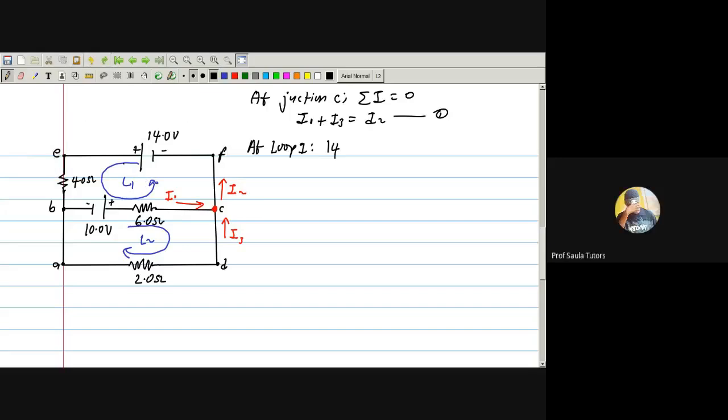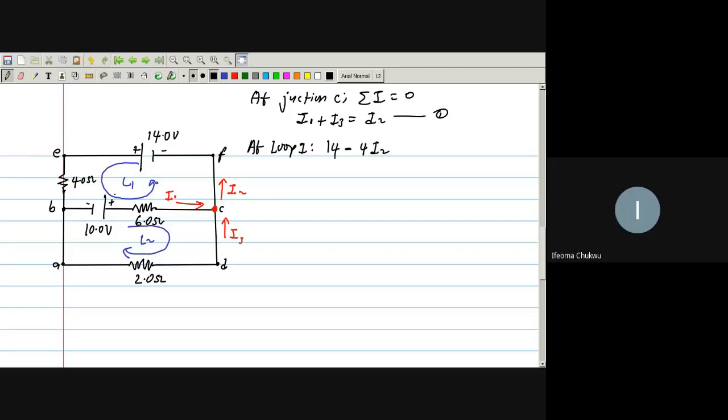So if you look at the way this is traveling, it will travel across this resistor this way. And don't forget, since the current is moving in this direction, the voltage across a resistor will be a voltage drop. Yes or yes? Yes. So this will give me minus 4I2. Good. Now, across this 10 volts, will we have a positive or negative 10?